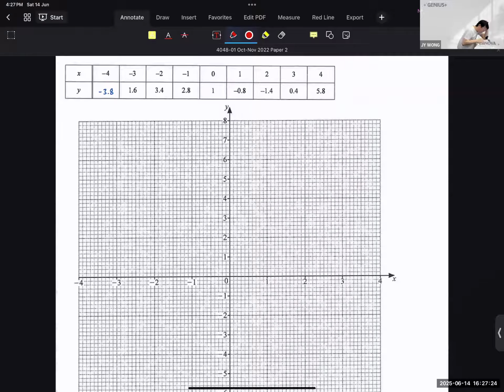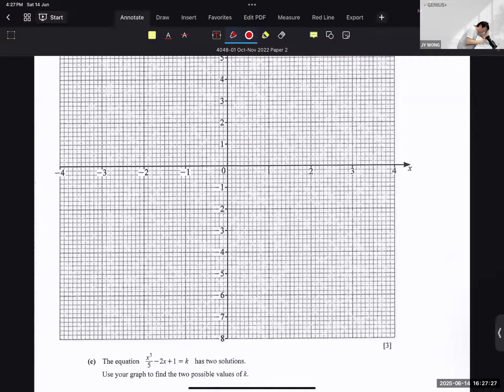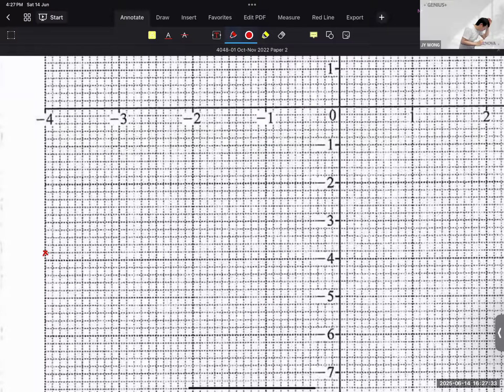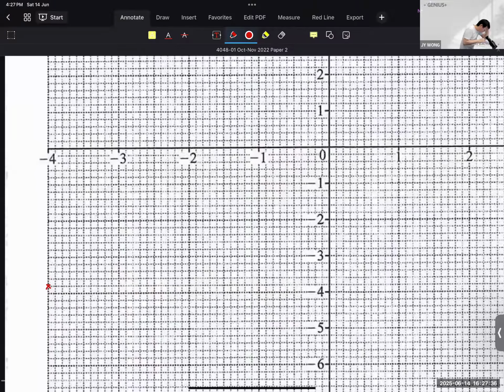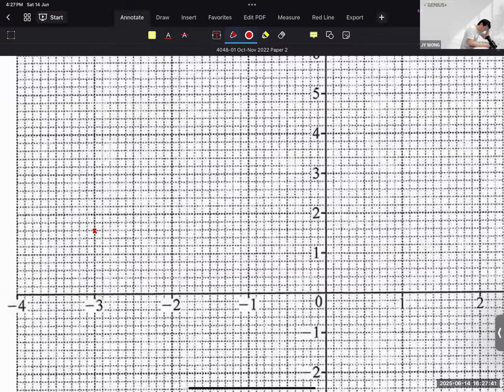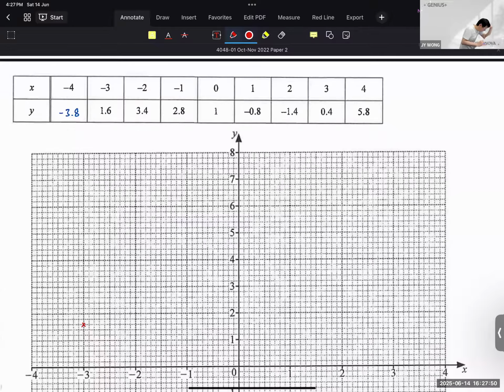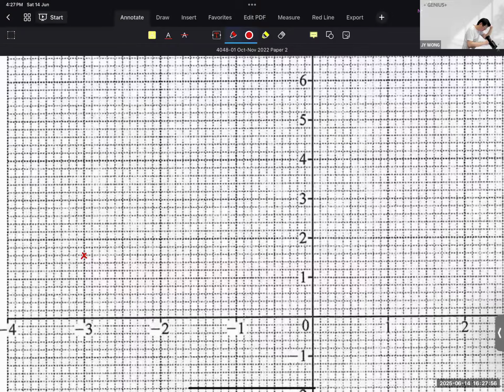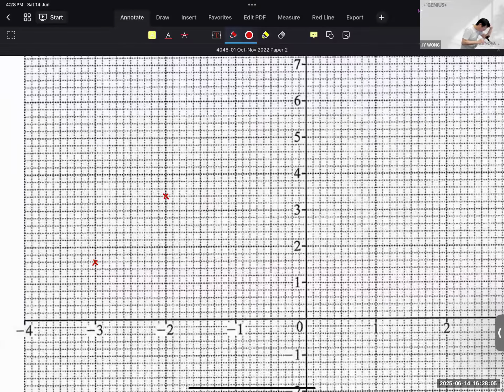-4, -3.8 is here. -3, 1.6 comes positive 1.6, so it's here. Then -2, 3.4. -1, 2.8.